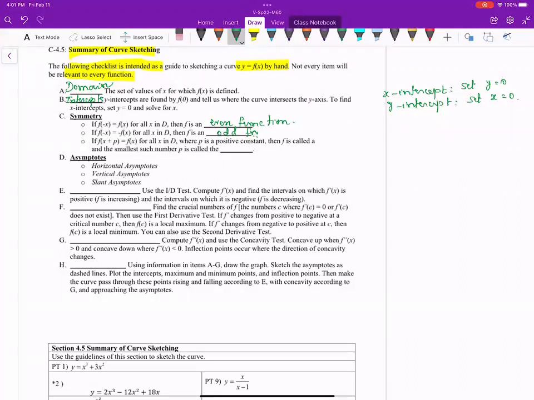If f of x plus p equals f of x for all x in D, where p is a positive constant, then f is called a periodic function. And the smallest such number p is called the period. So this will be relevant to trigonometric functions, the last part.